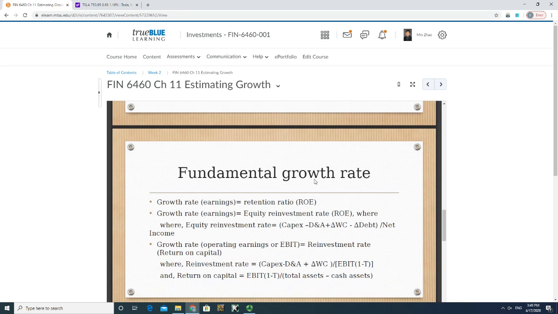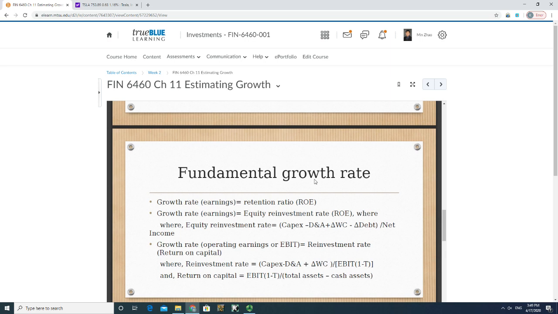So the last method is the fundamental approach. The fundamental approach looks at the business fundamentals of growth. It addresses the very important issue: what generates growth?